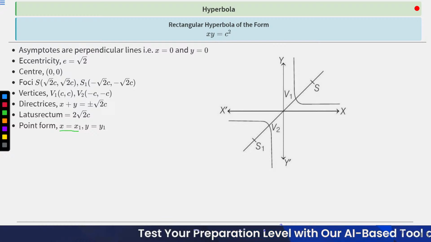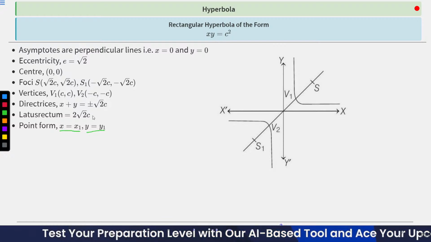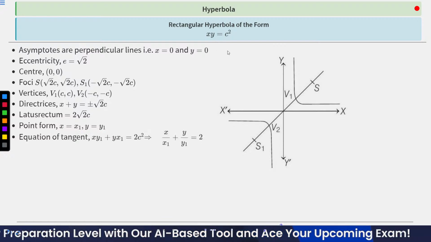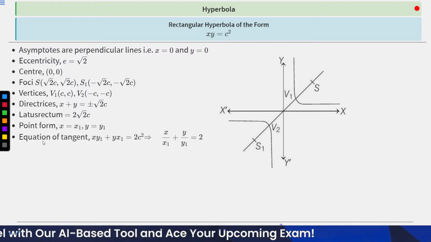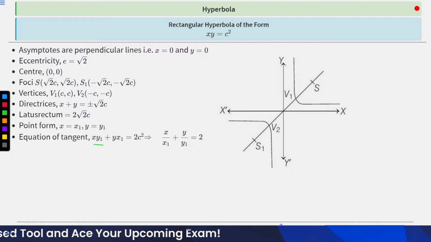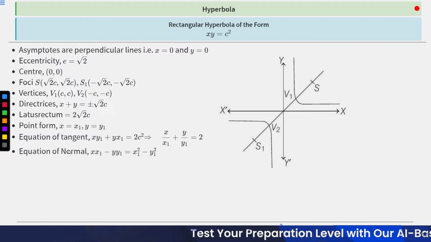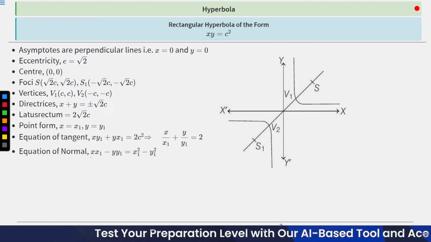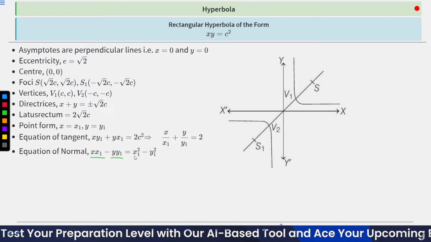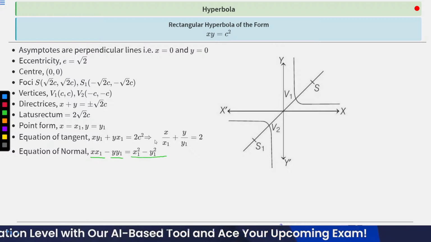Point form will be x is equal to x1, y is equal to y1. Equation of tangent will be x y1 plus y x1 is equal to twice of c square. In other words, x by x1 plus y by y1 is equal to 2. Equation of normal: x x1 minus y y1 is equal to x1 square minus y1 square.